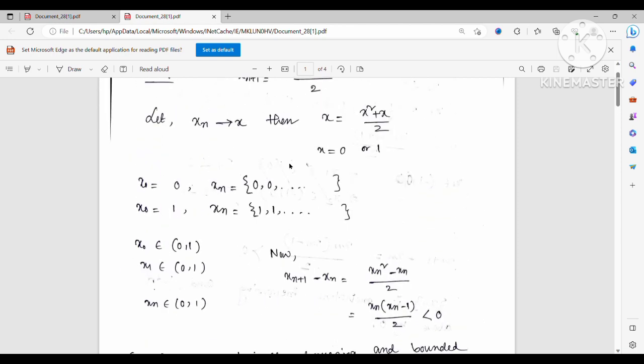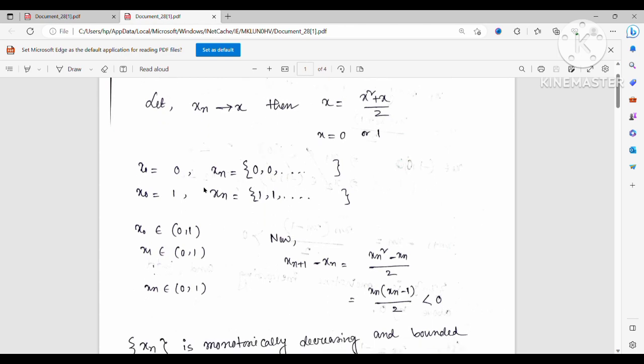Then what we get? We actually get for every initial choice in the closed interval 0, 1, this sequence xn is convergent. Okay. So it is obvious that when x0 equal to 0 and x0 equal to 1, it is basically a constant sequence, and when x0 belongs to the open interval 0, 1, then for every n xn belongs to the open interval 0, 1, and for that case xn is monotonically decreasing and xn is greater than 0 for every n, that means xn is bounded below by 0 and xn is monotonically decreasing.